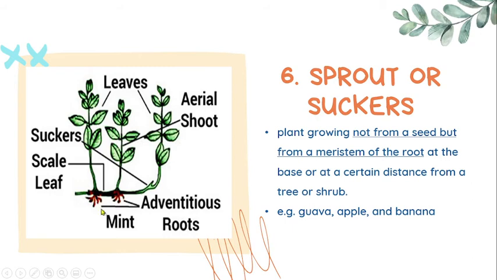They have their roots, and then you see this scale leaf, they are connected, and then we have the sucker. As you can see, it does not have roots into the soil. It just grew from the meristem of the root at the base of this plant. See, those are suckers.